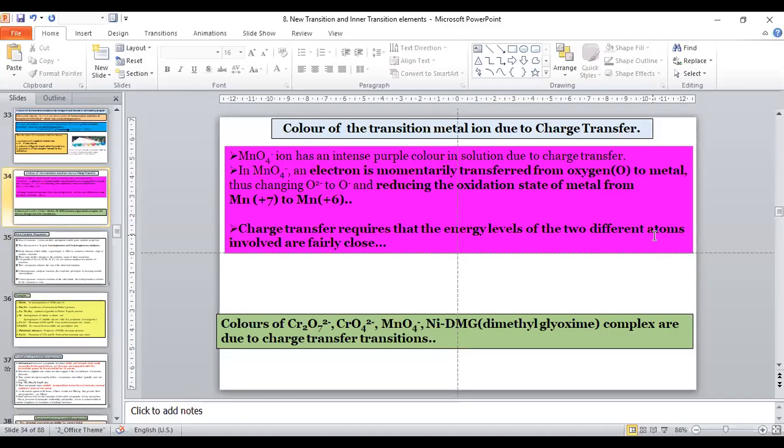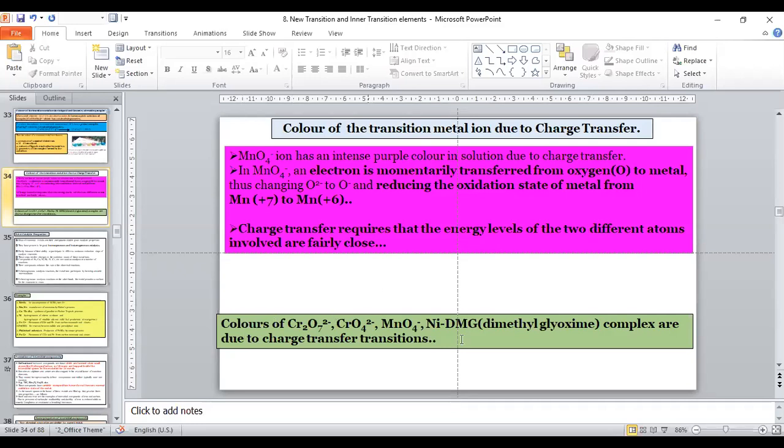Remember, for the knowledge purpose, I have given this KMnO4. It is color due to the charge transfer, in which the charge is transferred from oxygen to the manganese. So the oxidation state of oxygen changes from O2- to O-, and the oxidation state of the metal changes from +7 to +6.